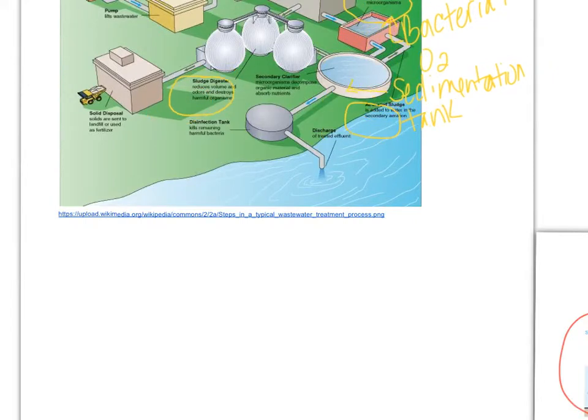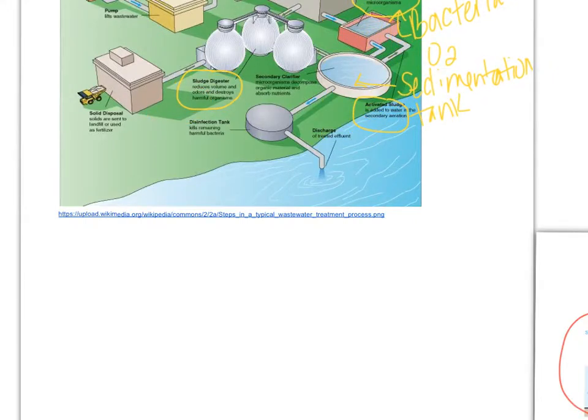So this digested sludge goes to farms as fertilizer, and so it's digested waste. Now, it goes to farms as fertilizer for non-food crops in the United States. So things like cotton or animal food, we can fertilize it basically with human waste that's been treated and disposed of.